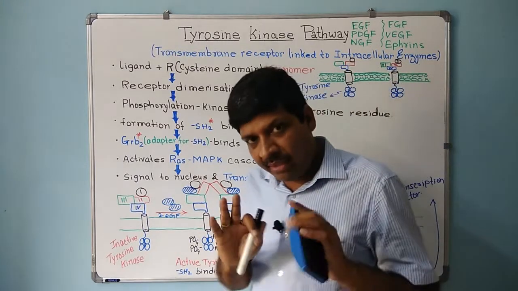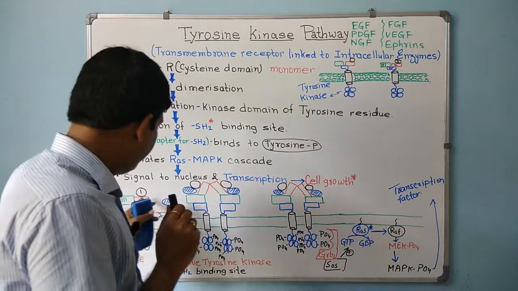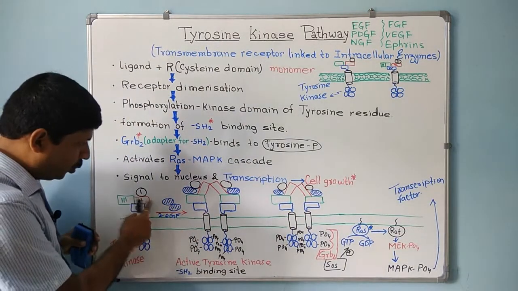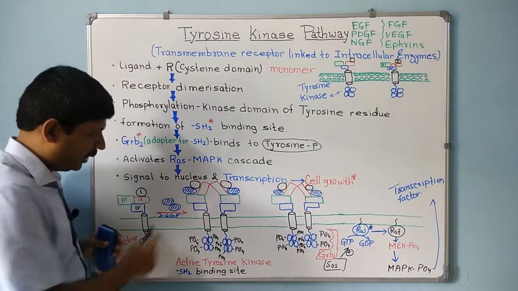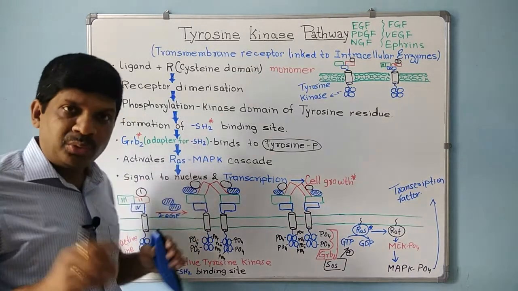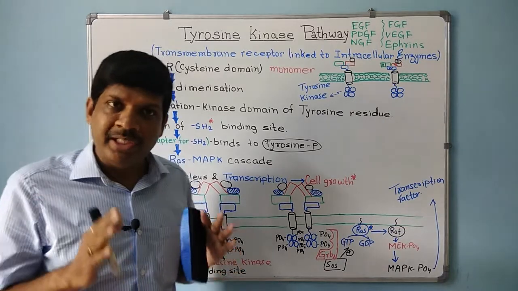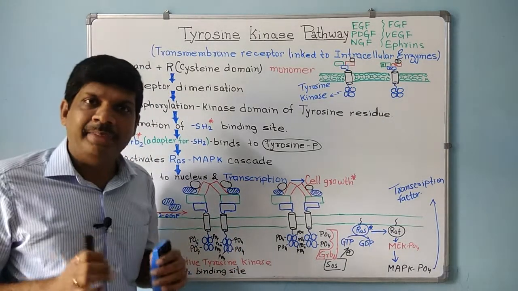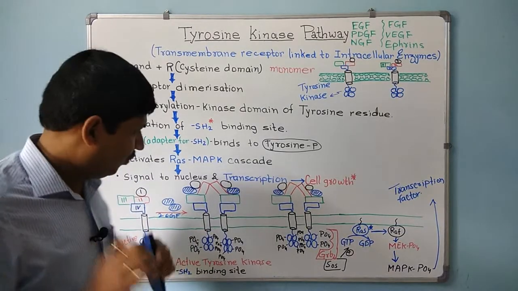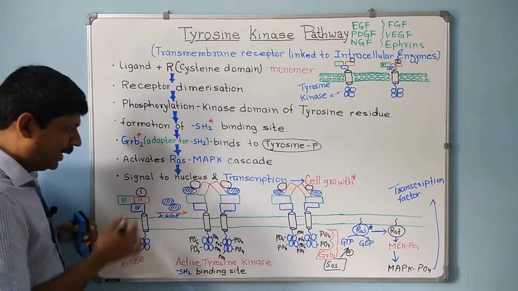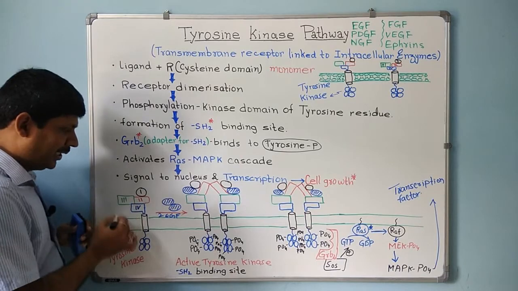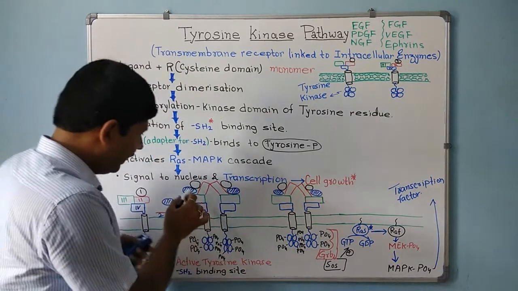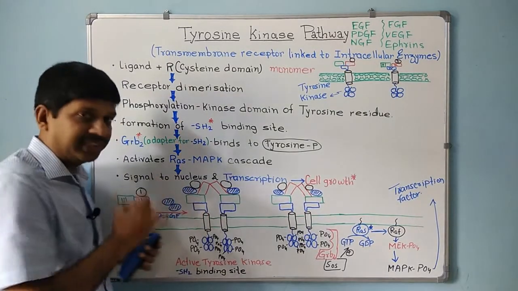Now there are 4 subunits, right? 1, 2, 3 and 4. Subunits 2 and 4, the red ones, help in forming the dimer, and they are known as dimerization arms. The remaining ones, the green ones, 3 and 1: at the interface of 3 and 1, the EGF molecule or ligand binds.